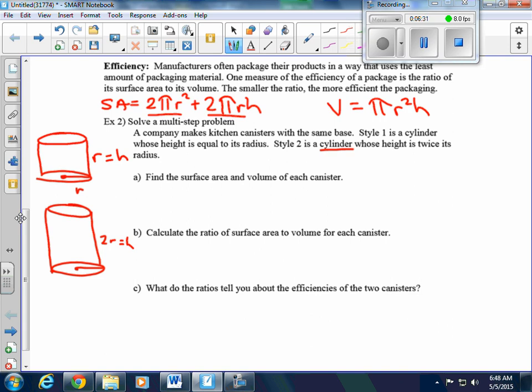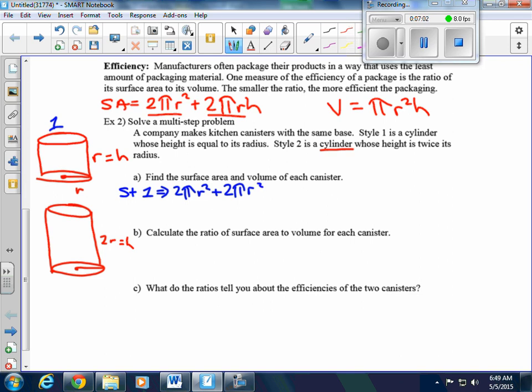The first thing we're going to do is look at style 1. If we plug our numbers in, our surface area is 2 pi r squared plus 2 pi r h. So we're going to have 2 pi r squared plus 2 pi, and now h is the same as r, so it's going to be r squared.